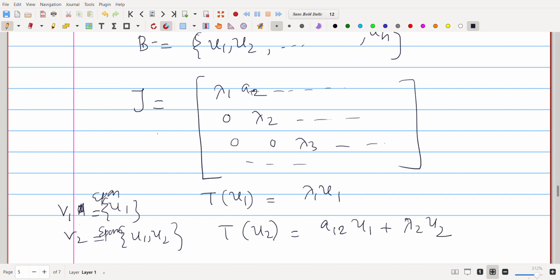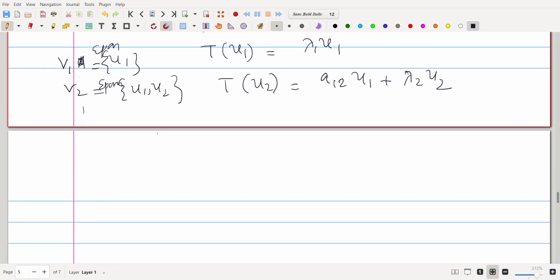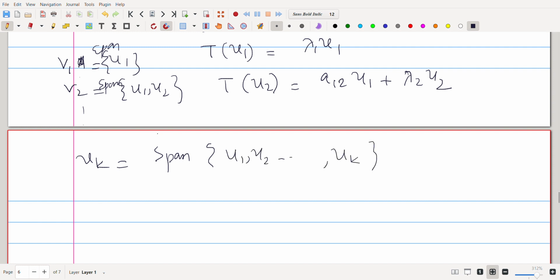So that means span of U1 U2 is an invariant subspace because the image of T of span of U1 and U2 is contained in span of U1 and U2. In this way, Vk equals span of U1, U2 up to Uk. That means you will have an invariant subspace of any dimension from 1 to n.